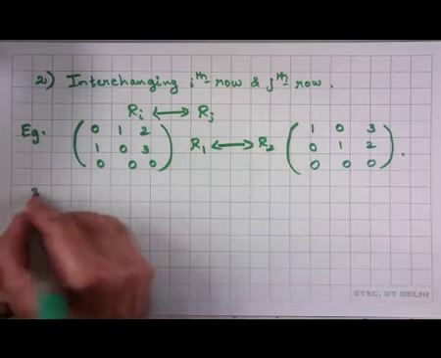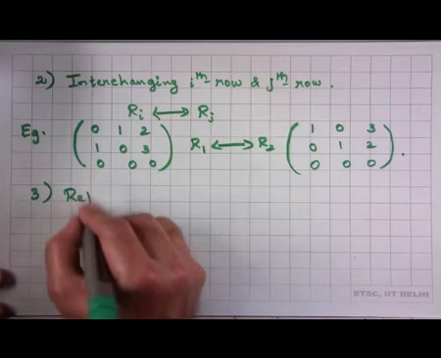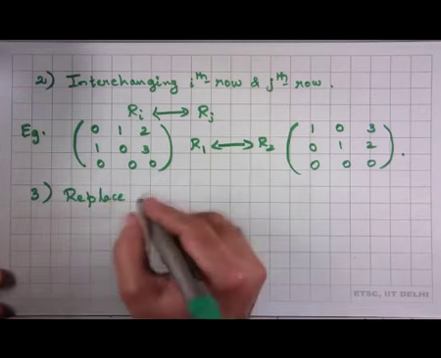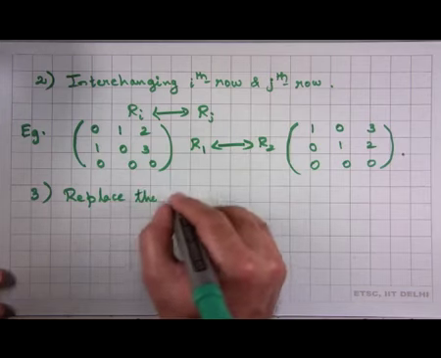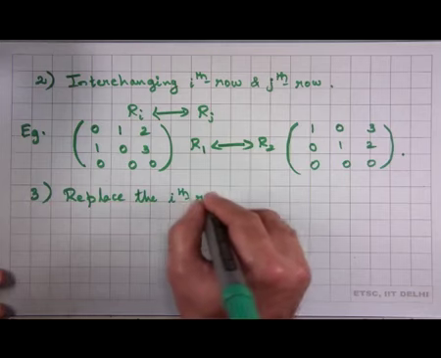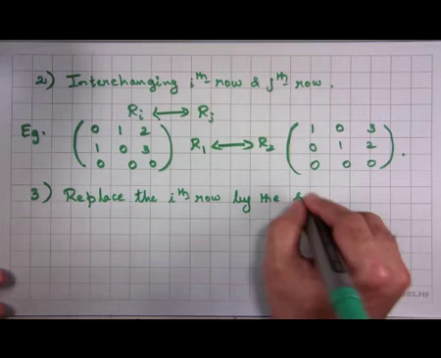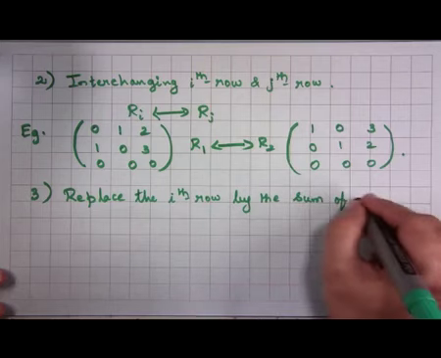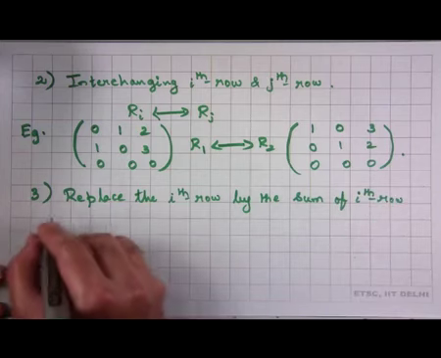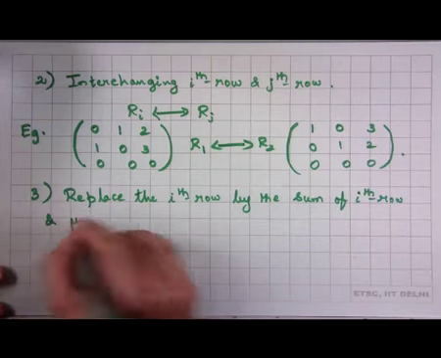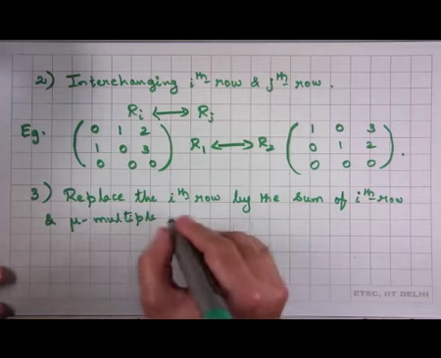The third row elementary operation: replace the ith row by the sum of the ith row and a mu multiple of the jth row.